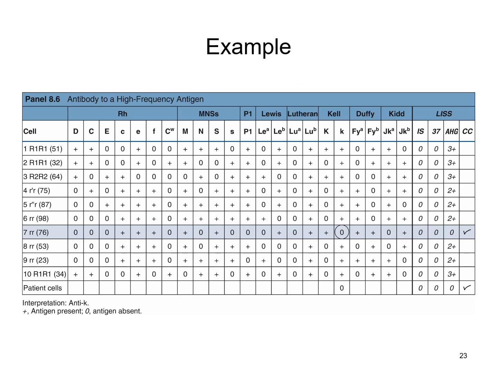So here's an example of that high frequency antigen. We talk about that as pretty much every donor, every person having that particular antigen. And so you have reactivity in pretty much every panel cell, all the way through.